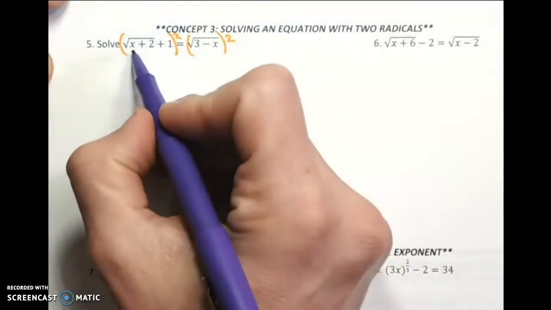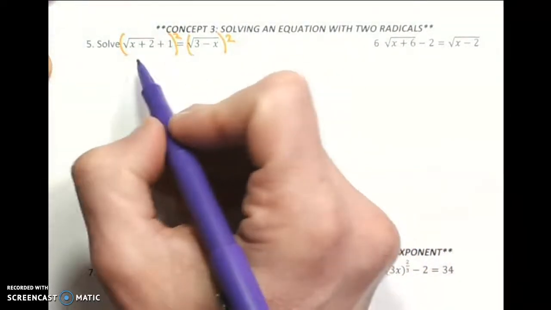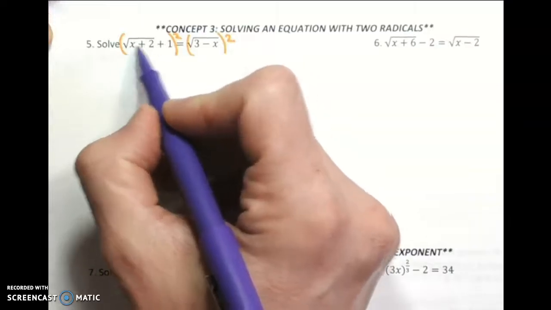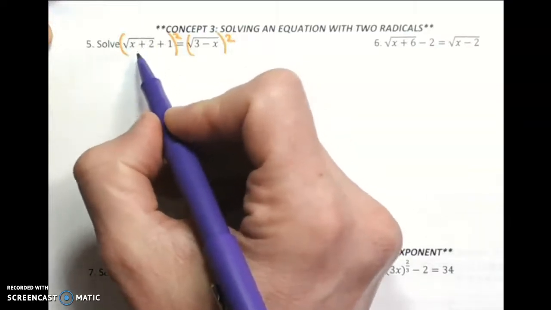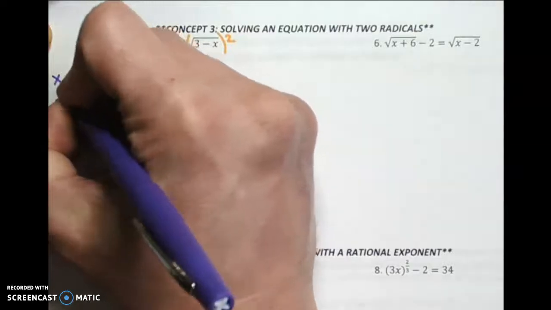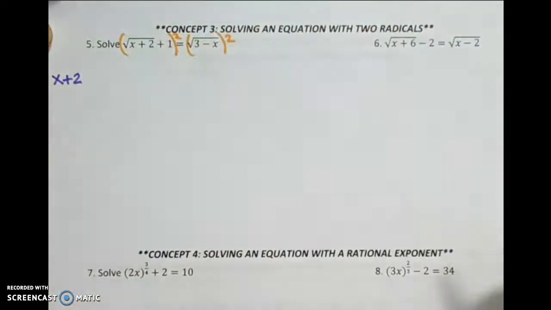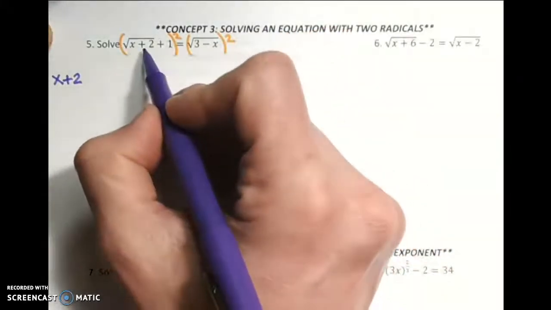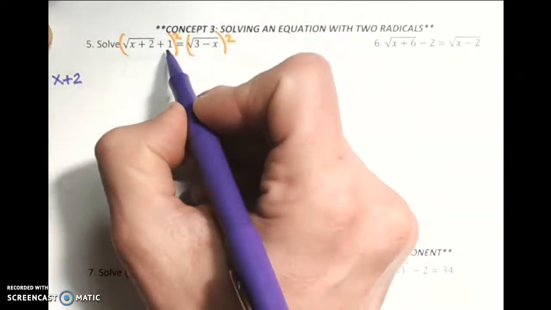I take this first term right here, because this is a binomial squared. Same with that shortcut we've been talking about. I take this first term, the square root of x plus 2, and I square it. When you square that, you are just going to get the quantity x plus 2. The radical and that power 2 cancel each other out. I take my two terms, the square root of x plus 2 times 1, and then I double it.